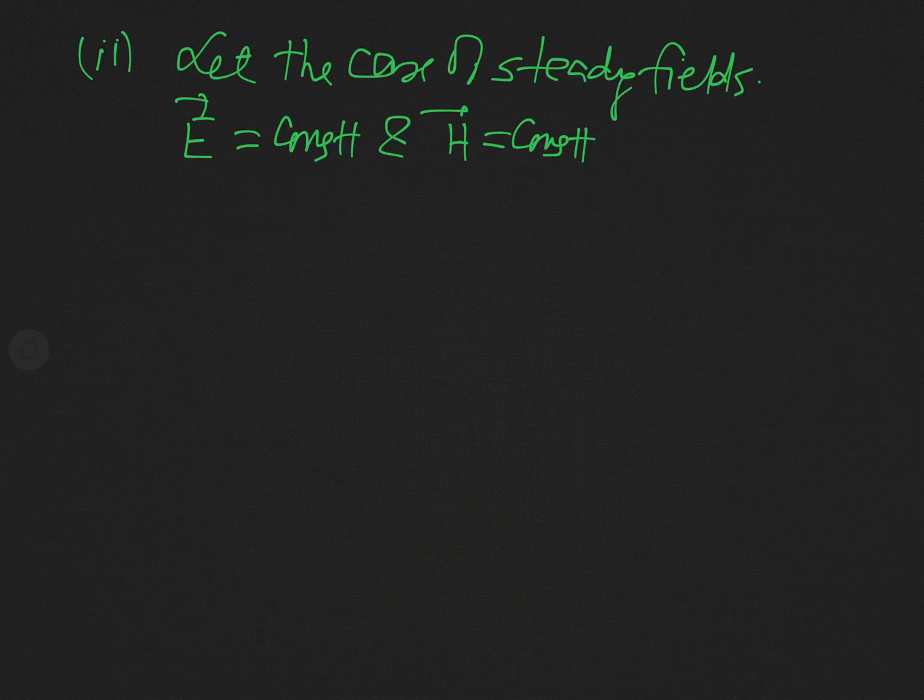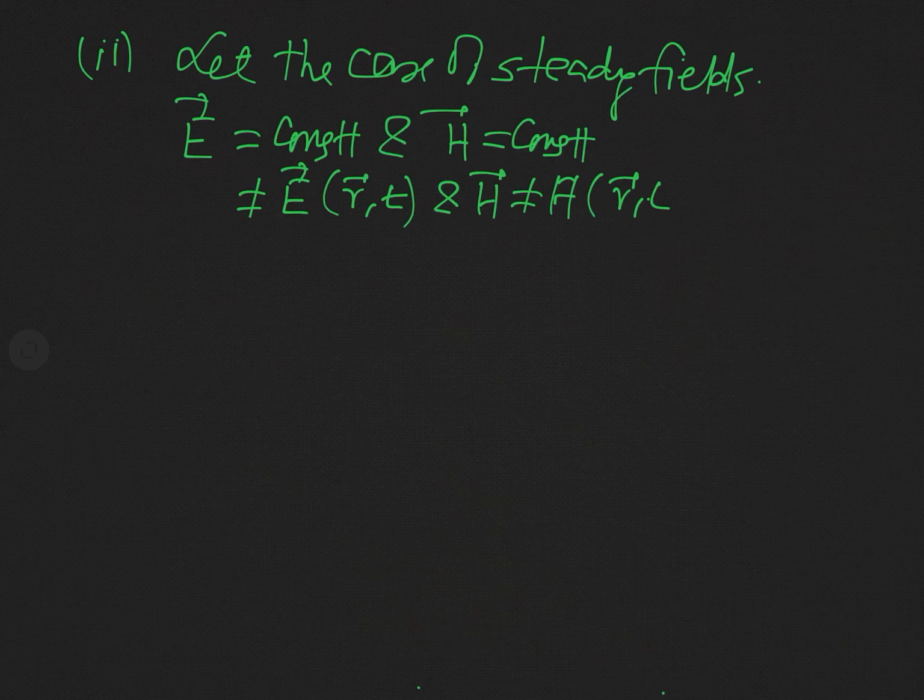It means E is not a function of R and T, and H is also not a function of R and T. These fields are neither a function of space nor of time.